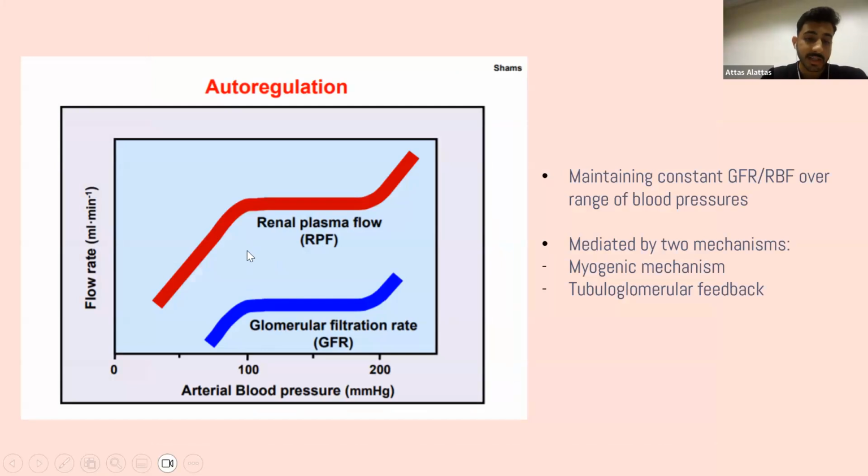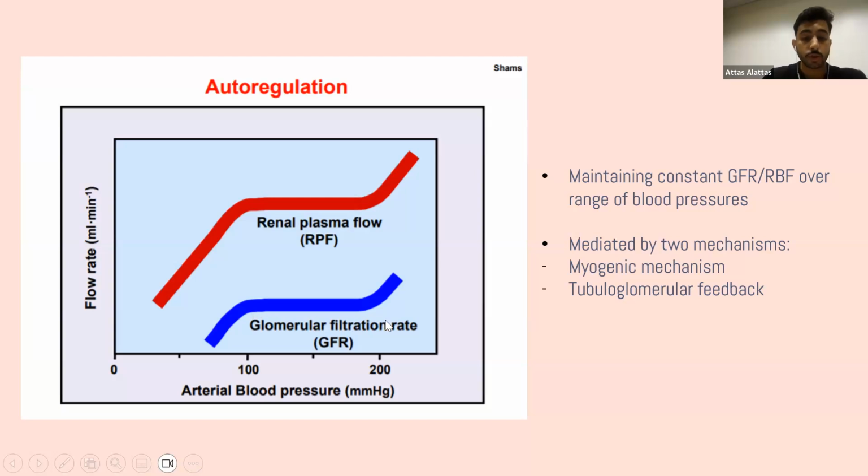Now, let's say someone has a blood pressure of 90. As the blood pressure increases, the renal plasma flow and the GFR will also increase. Okay, this is a rule. It will increase until it reaches a point of 100.